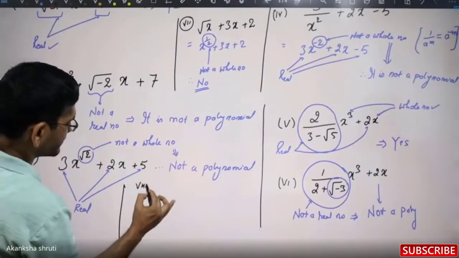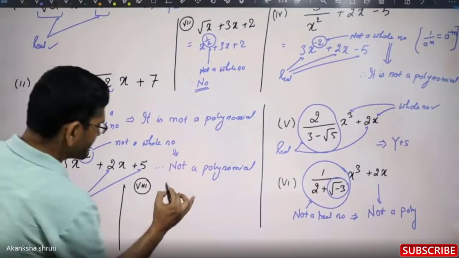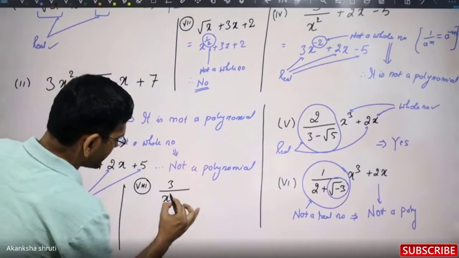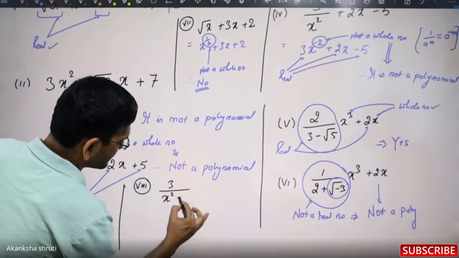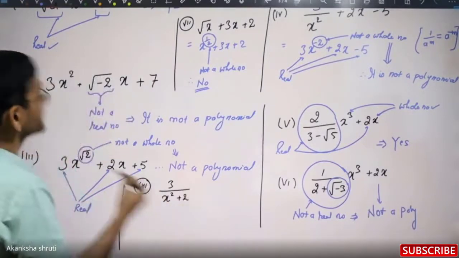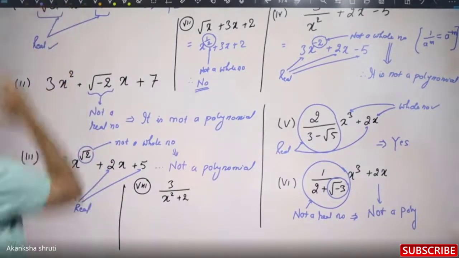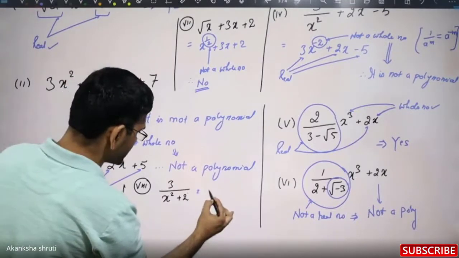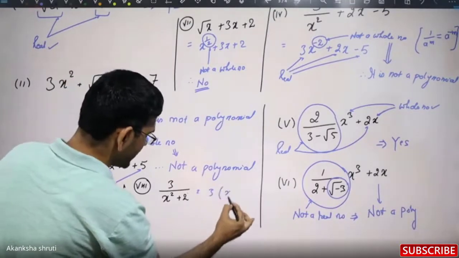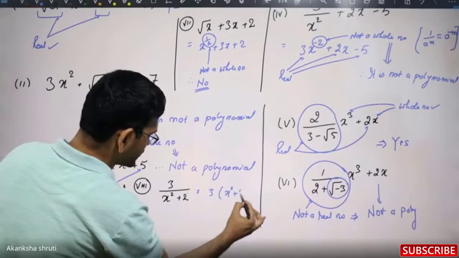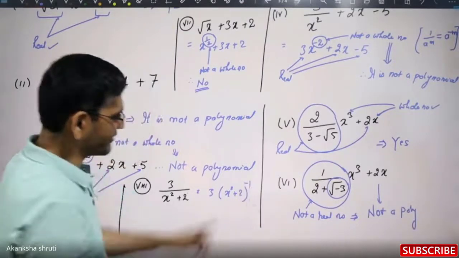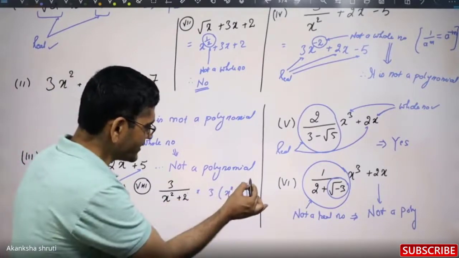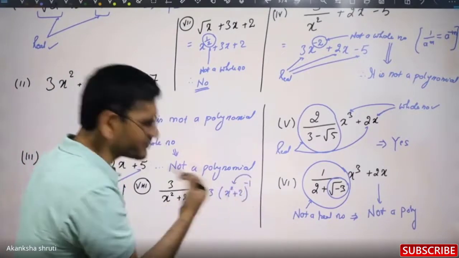Eighth one. If I am taking 3 by x square plus 2, whether it can be a polynomial, answer is no, because this is identical to 3 times x square plus 2 to the power minus 1. If we are able to expand this minus 1, it will come some negative power of x.